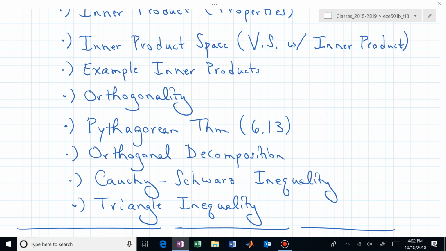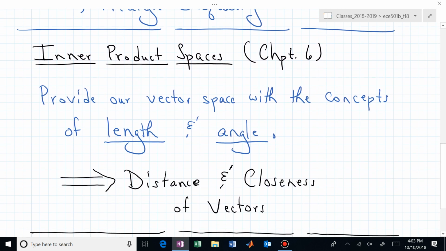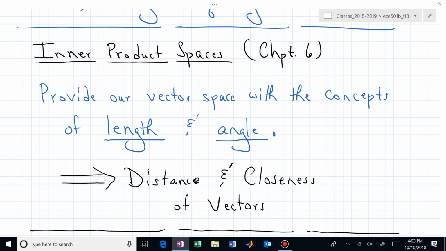And then we'll look at orthogonal decomposition and a couple of inequalities, the Cauchy-Schwarz inequality and the triangle inequality. I'm not sure we'll get all the way there today, but that's where we're headed, and that's what chapter 6 deals with, inner product spaces.